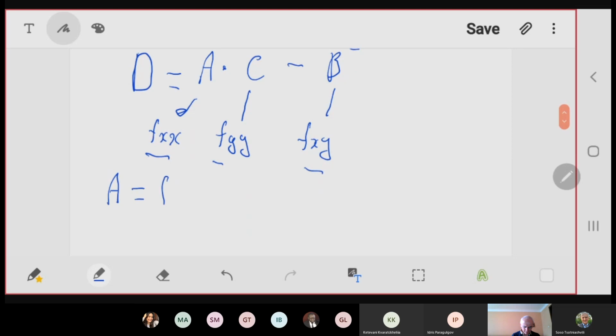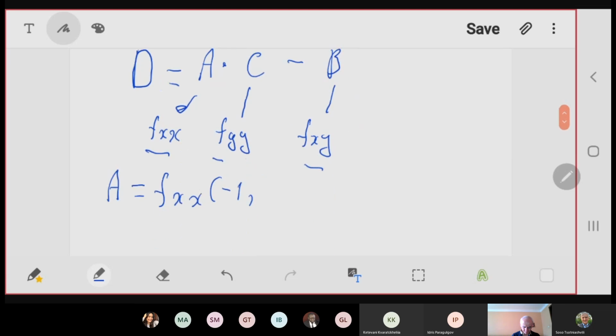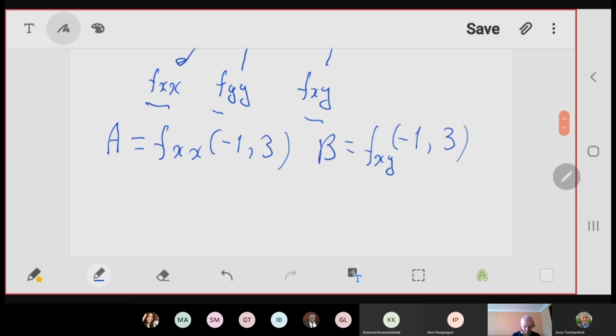This A is f_xx(-1, 3). B is f_xy(-1, 3), and C is f_yy(-1, 3).